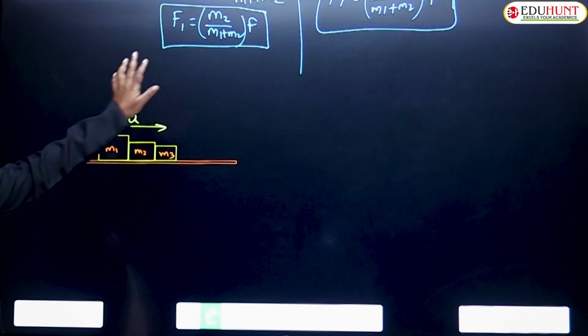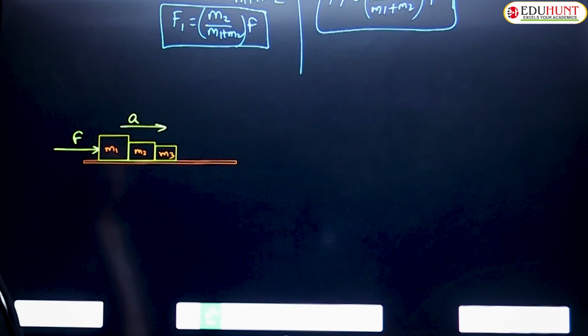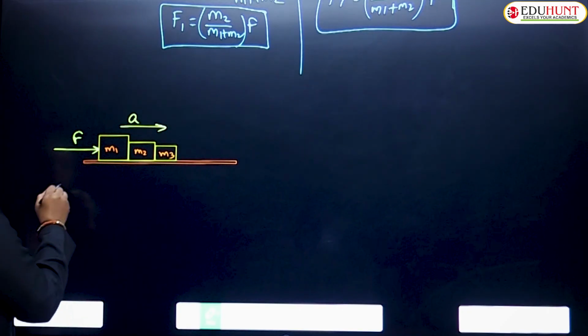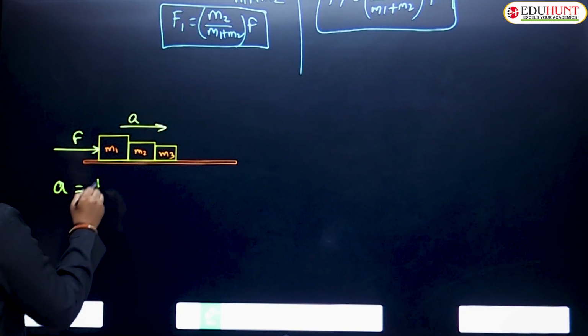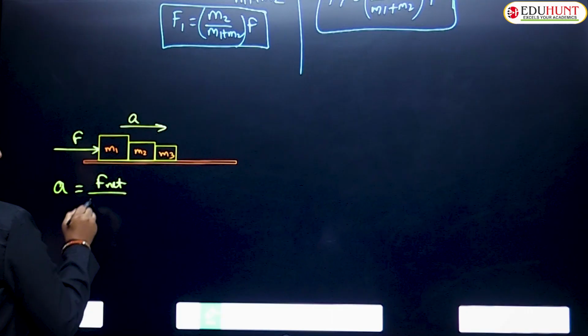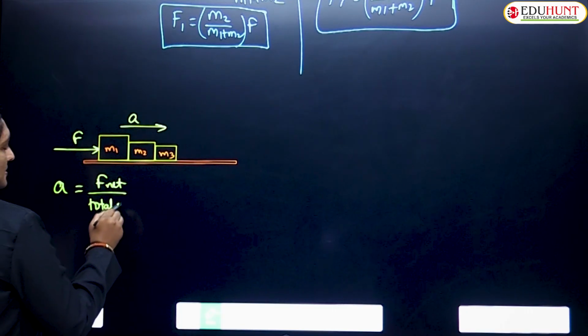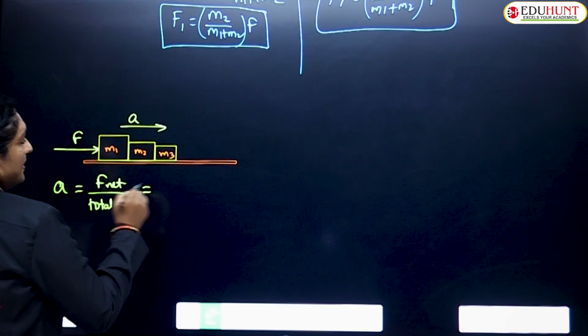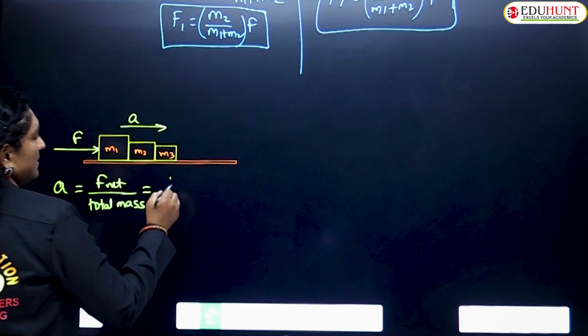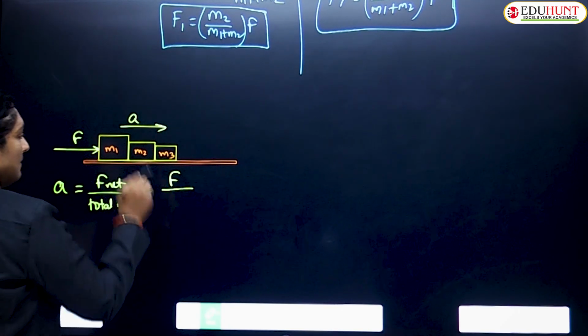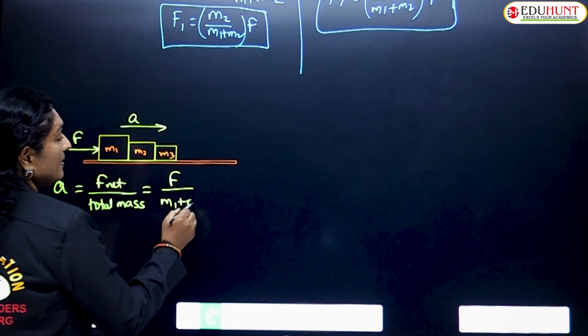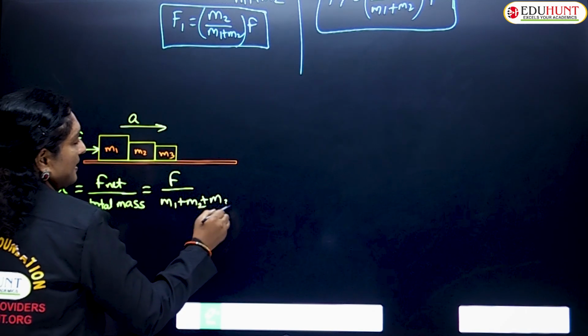So it's similar to the previous examples. Clearly the net acceleration produced will be equal to F net by total mass. What is F net, children? F net is nothing but the applied force F, and the total mass here will be m1 plus m2 plus m3.